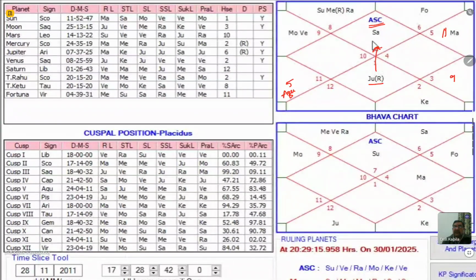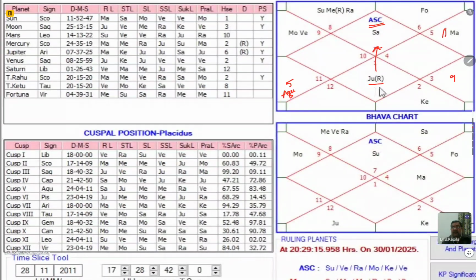If it satisfies these conditions, then there is every probability that the lady must have conceived. In earlier charts we discussed, Jupiter was present in the 11th house and aspecting the fifth house, and in two or three charts for the first child, the native conceived. If you remember the charts we discussed earlier.